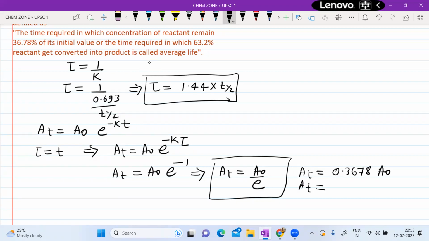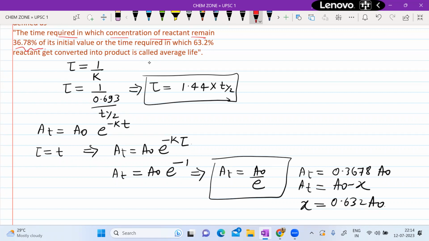And we know that A_t is given as A naught minus X, where X is the concentration of product. If we find the value of X, we'll get 0.632 A naught. So we can also define average life as the time required in which the concentration of reactant remains 36.7%.